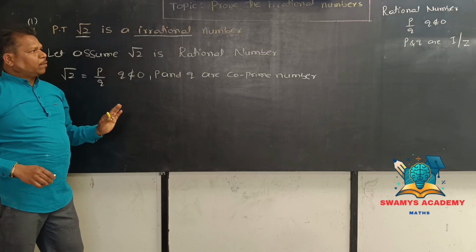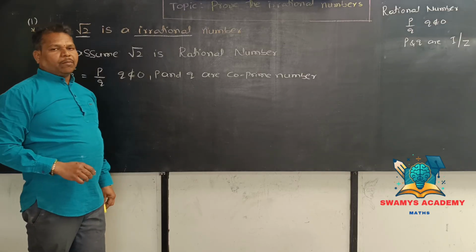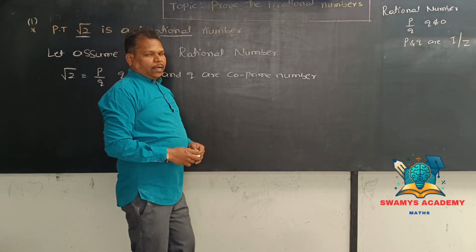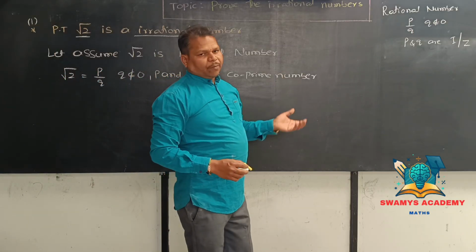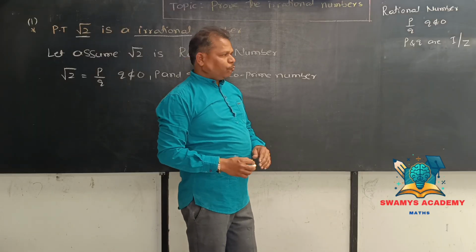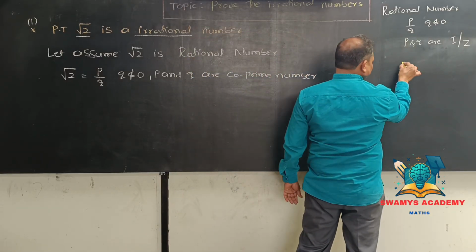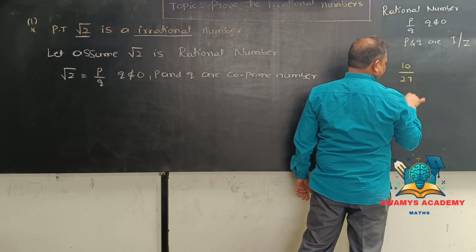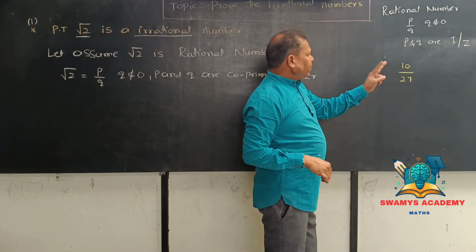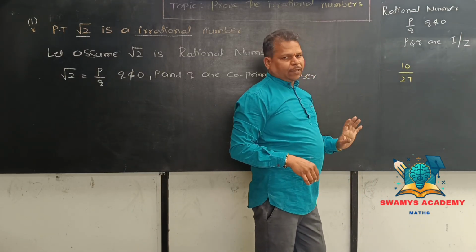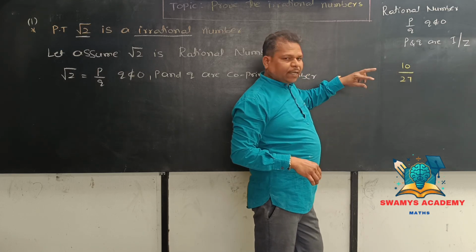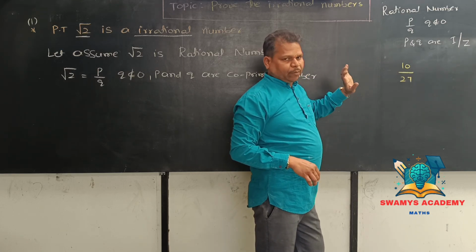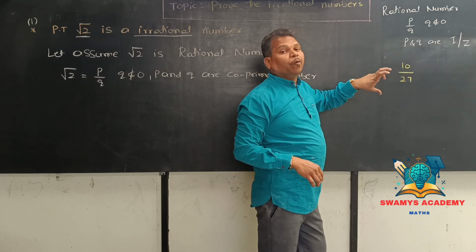Co-prime numbers means they will not be divisible by any number except one. For example, 10 by 27. Here 10 has factors and 27 also has factors, but they won't be divisible by any other common number except 1. This is called co-prime numbers.